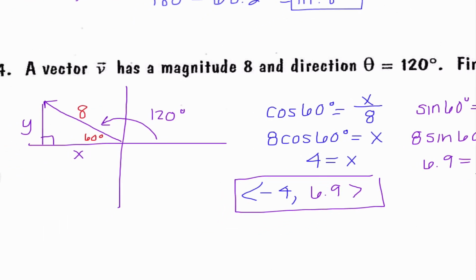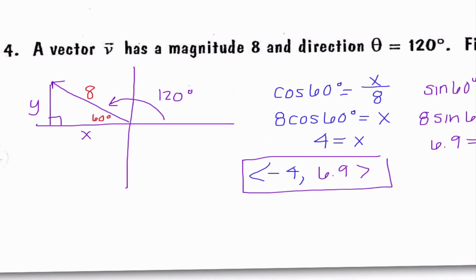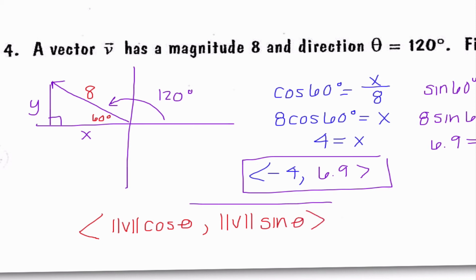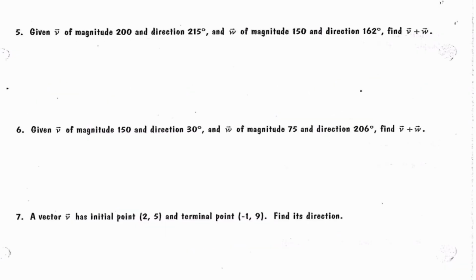Now, if we want to, we could draw it out every single time. But I notice a pattern here. To find that x component every single time, we're going to do the magnitude times the cosine of the angle given to us. To find the y value every single time, we are going to do the magnitude times the sine value that's given. So this is a formula that we should memorize.